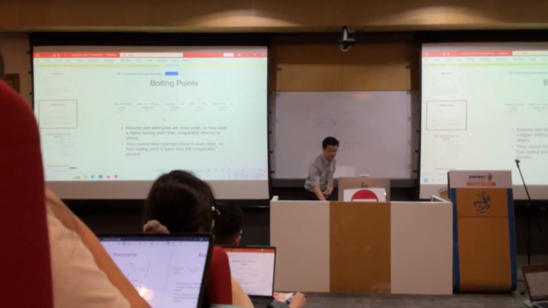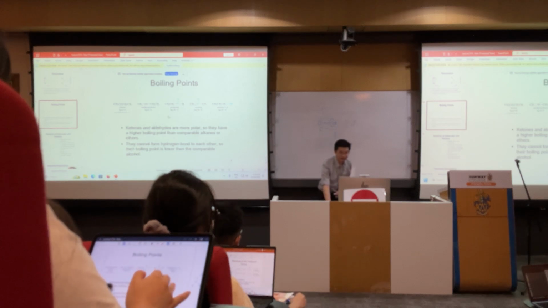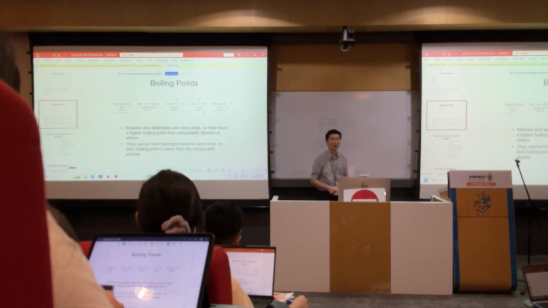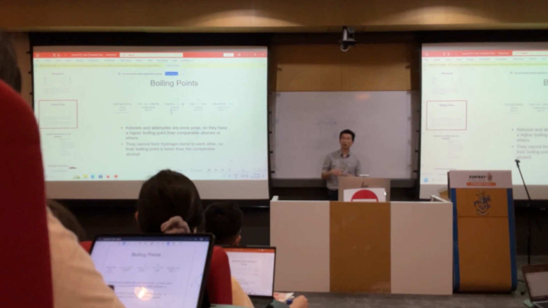Okay. Yeah, propanal is lesser than acetone because acetone has 3 carbons, 1 carbon more than propanal. Okay, but if we are comparing with the same number of carbons, apparently the alcohol group has a higher boiling point as compared to acetone.